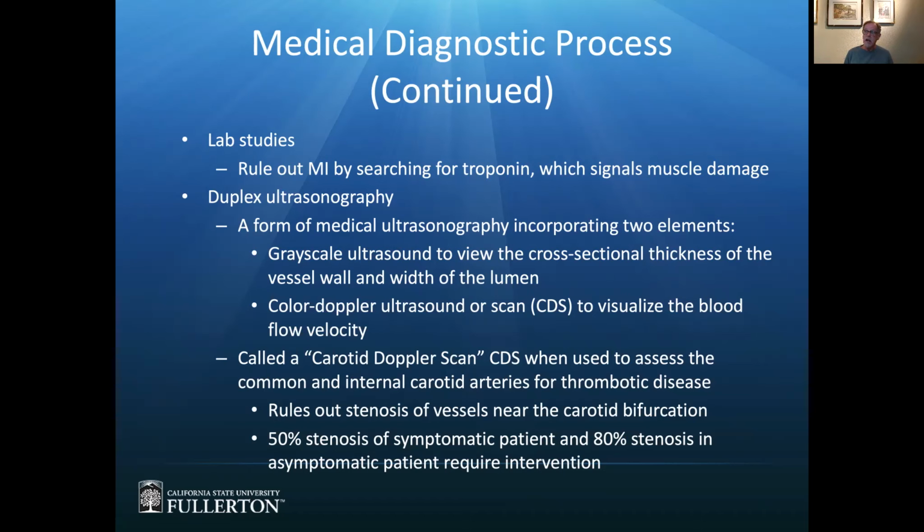And again, unless the CT scan was positive for hemorrhage, then that's the diagnosis, and they can kind of stop testing. Then they'll do an ultrasound. So we're talking about the people who don't have a hemorrhage. They're going to do an ultrasound, which we usually call a carotid Doppler scan, but it's a colored Doppler scan.